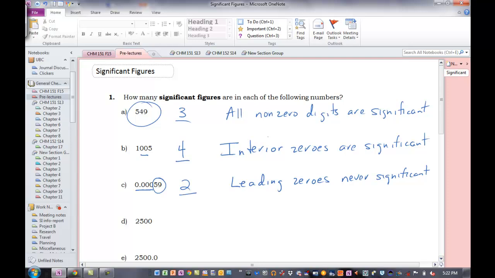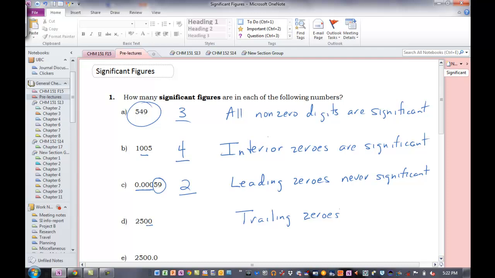All right. So non-zero digits, interior zeros, leading zeros, those are straightforward. Either they're significant or they're not. The next type of zero can be a bit ambiguous, and I'll show you what I mean. This next type of zero is called trailing zeros. They come after non-zero digits.